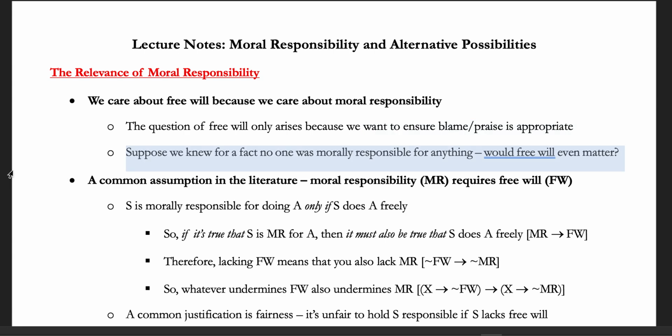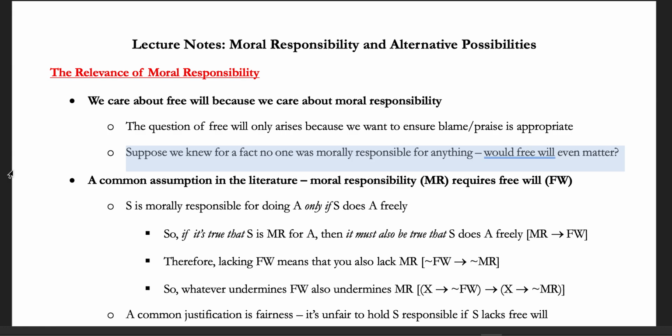And so if you just imagine that nobody was responsible for anything that they did. Imagine nobody was responsible. We already knew that nobody was responsible for anything. Nobody's blameworthy. Nobody deserves anything. Nobody's praiseworthy. Would we even really talk about free will?